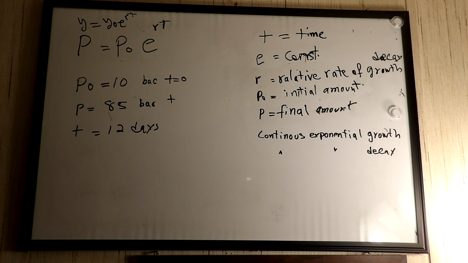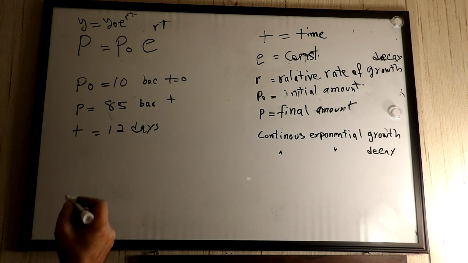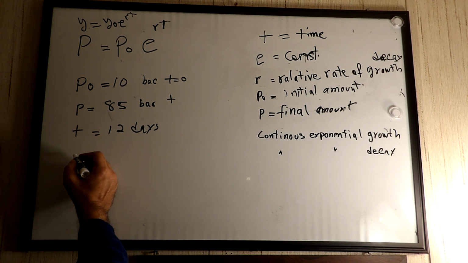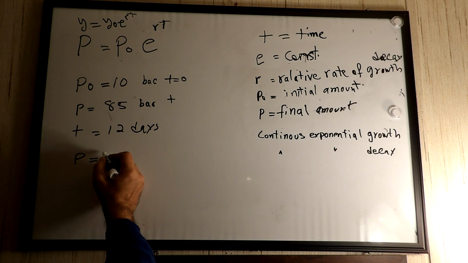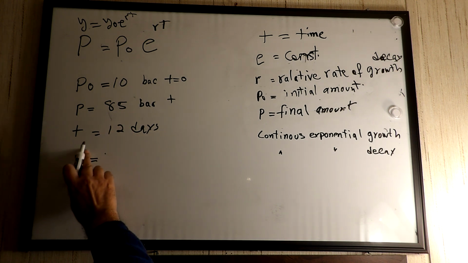First of all, we have to find the general formula. P is equal to, let's put the numbers here.